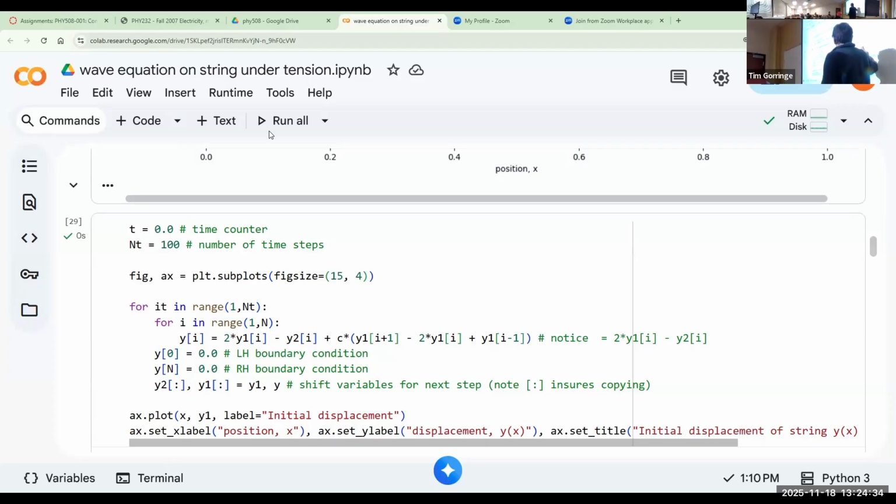Inside the inner loop is now this second version of the difference equation that we want to use for every step except the first step. This is the one that was a little more complicated in these first two terms.